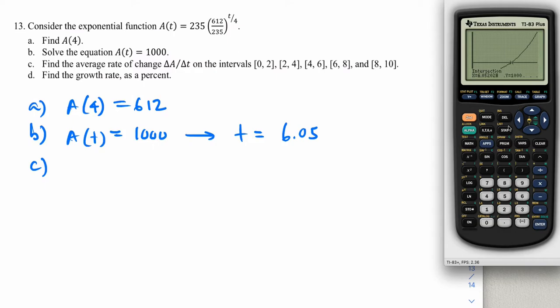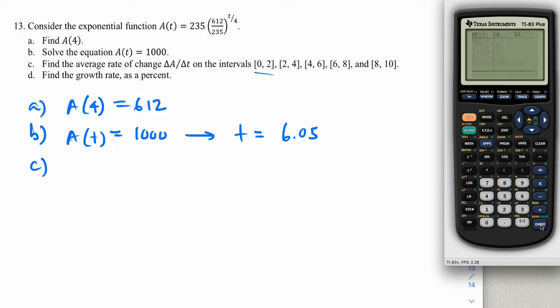We could do all of these average rates of change individually. Like the average rate of change on the interval from 0 to 2 would be A of 2 minus A of 0 all over 2 minus 0. We could do all of them that way. It's just, this would be easier to do using the spreadsheet capability of our calculator. So I'm going to do it that way.